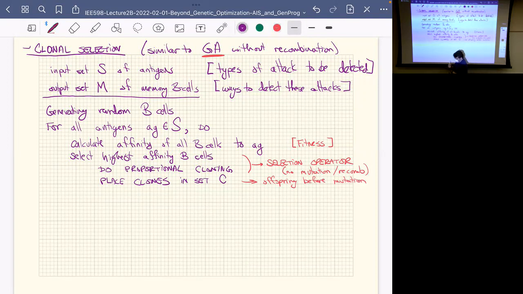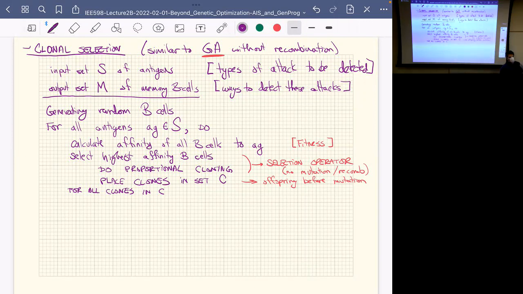And then for each one of these clones in C, so for all clones in C, then we are going to mutate it with a rate that is inversely proportional to their affinity.